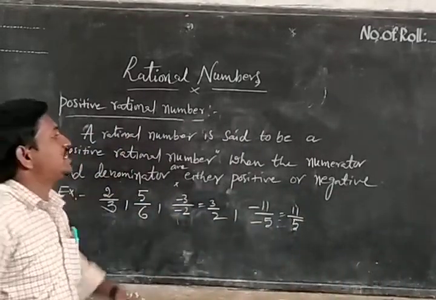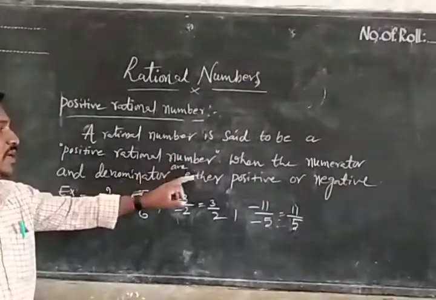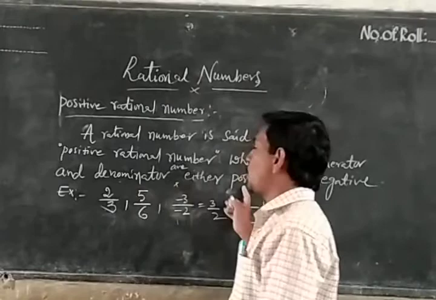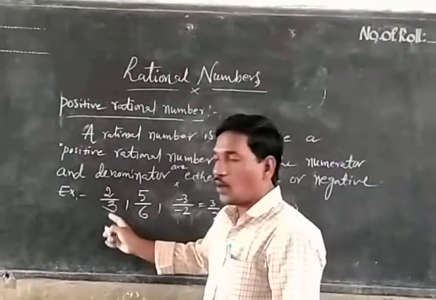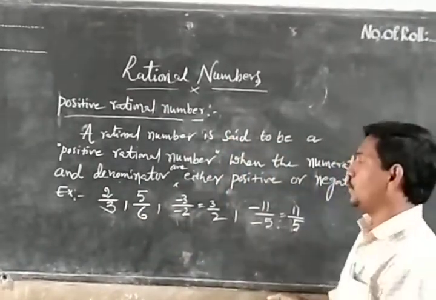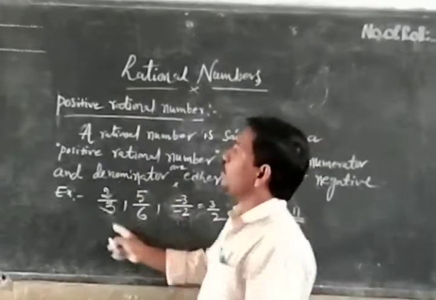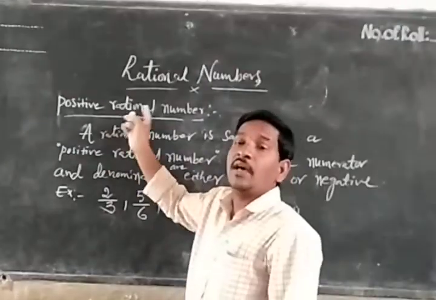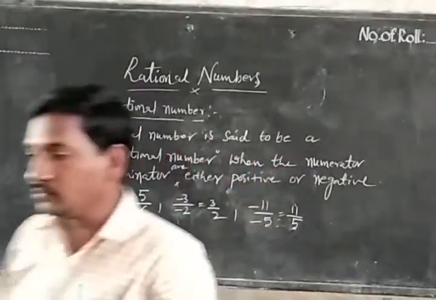A rational number is said to be a positive rational number when the numerator and denominator are both positive or both negative. So, when both are positive, it is a positive rational number. When both are negative, that is a positive rational number. Write down.